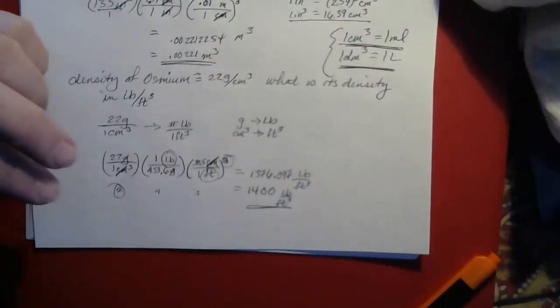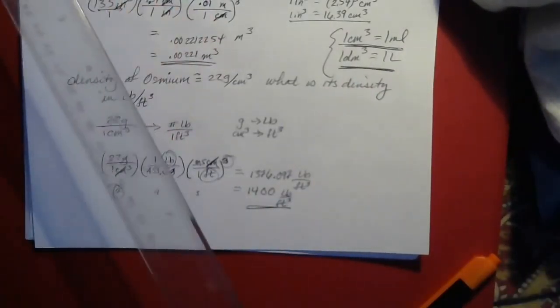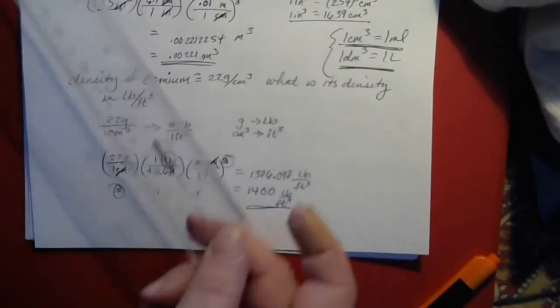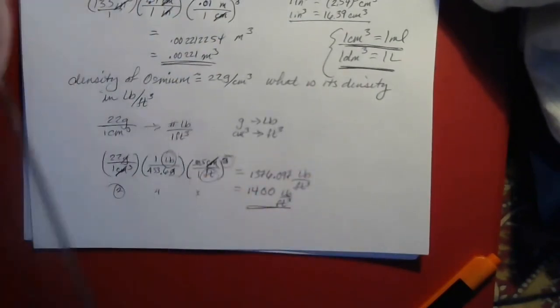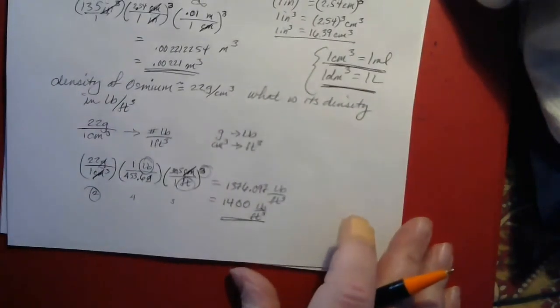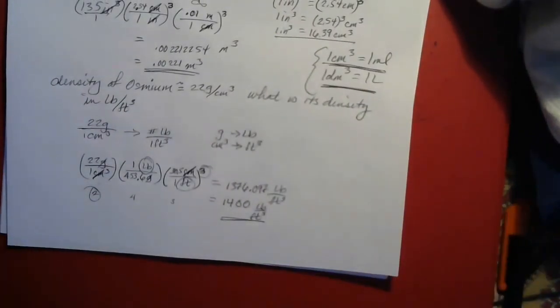You know, a box that's 12 inches on each side. So this length on each side, a sheet of paper is 11 inches. So think of a box that's a little bit longer than a sheet of paper on each side. Osmium weighs as much as an old school Beetle. That is a lot of stuff packed into a very small space.